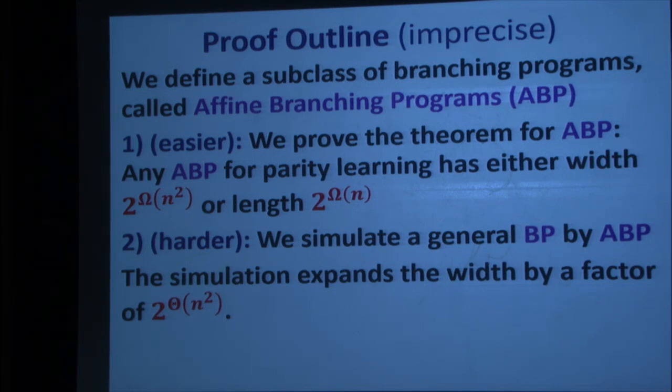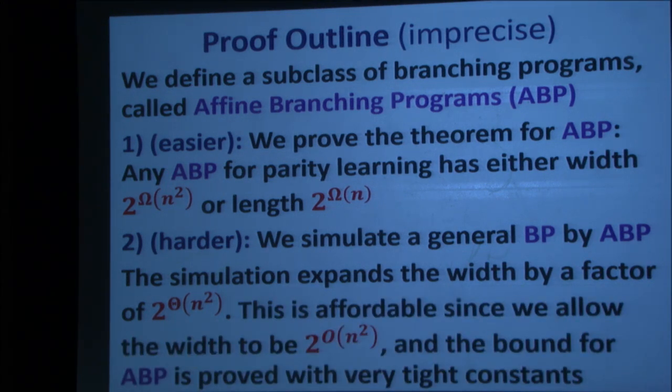The simulation expands the width of the branching program by a factor of 2 to the theta of n squared. So it's a really bad simulation. But this is still sufficient because the constant here will be smaller than the constant here.